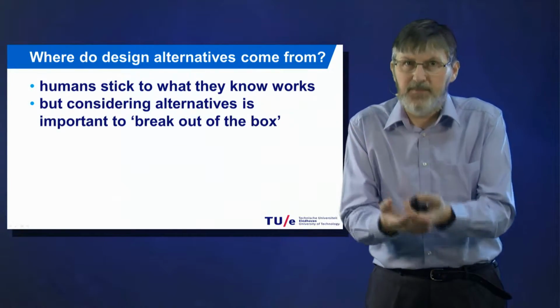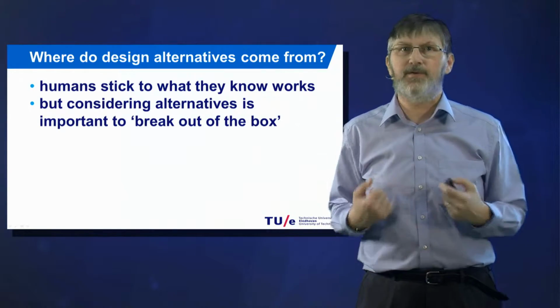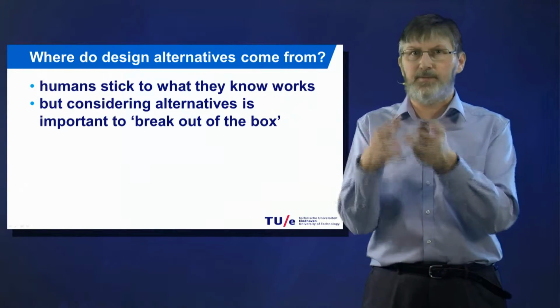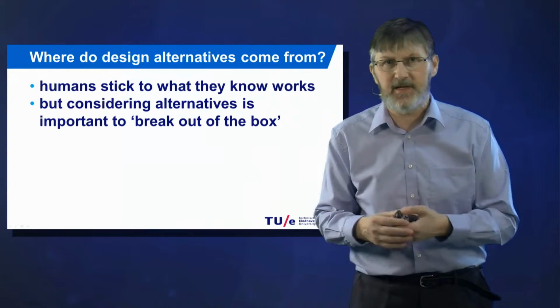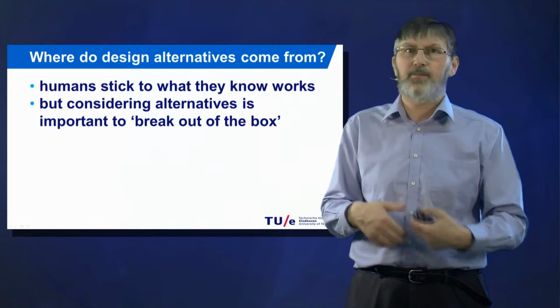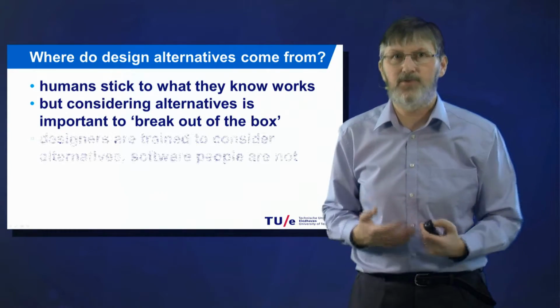However, it's important that we do consider alternatives. We need to break out of the box of the mindset that we have with the existing applications to come up with brilliant, groundbreaking new ideas.